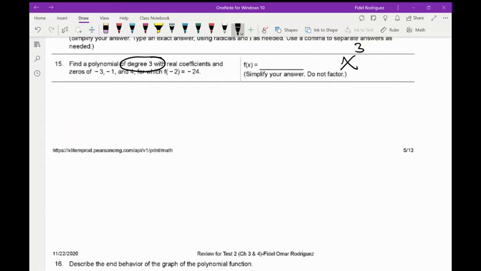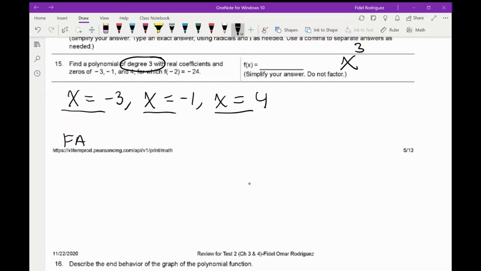Okay, so the second thing it's telling me is that we have zeros. So the zeros mean that x equals -3, x equals -1, and x equals 4 all make this polynomial equal to 0. So what I'm going to do is rewrite these zeros here as factors.